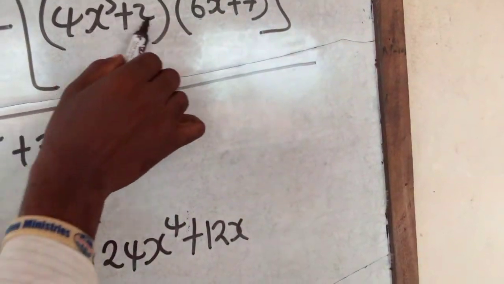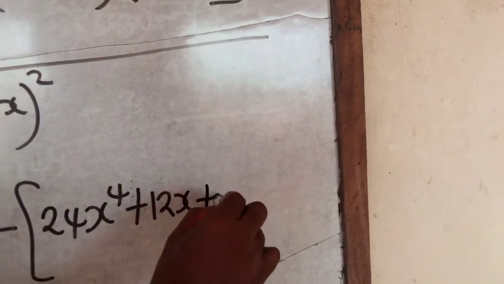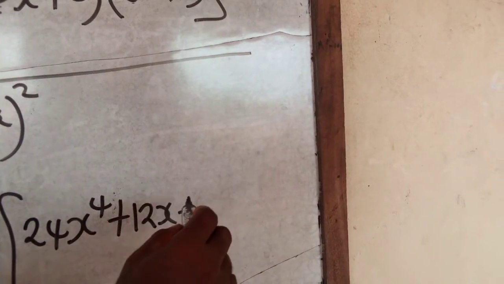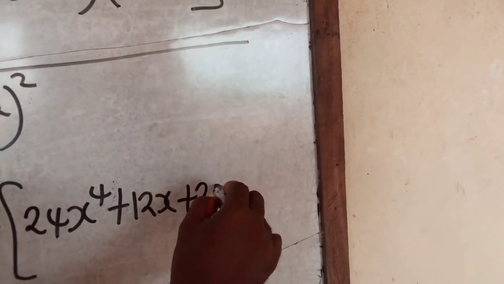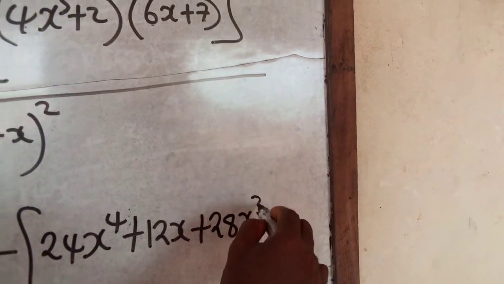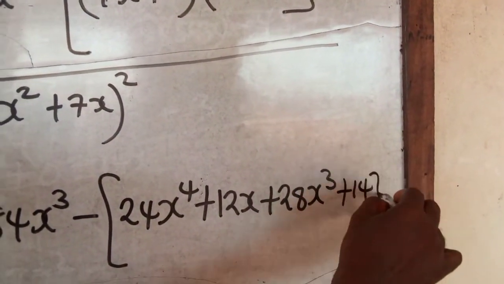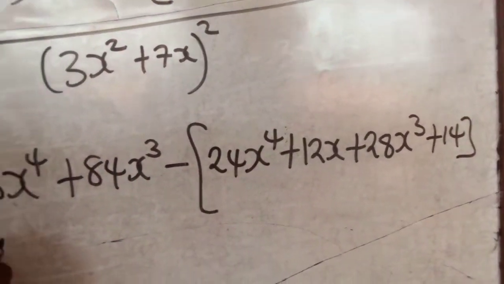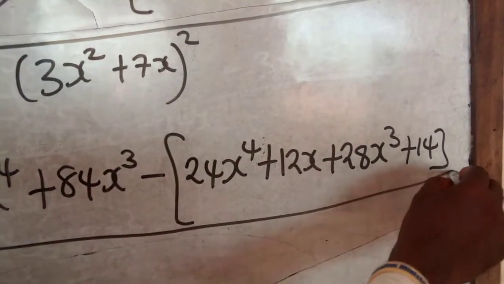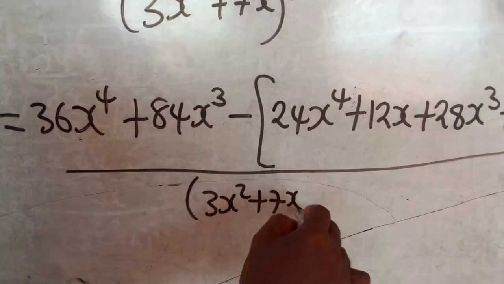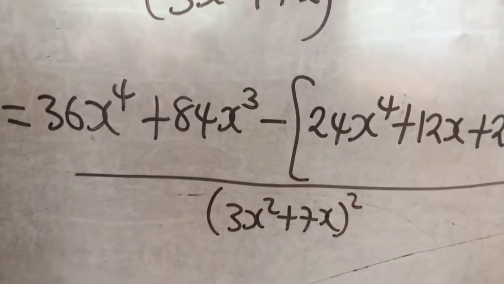Now 7 will now multiply these 2. So you now have 7 times 4 is 28s raised to power 3. 7 times 2 is 14. All over 3s squared plus 7s raised to power 2.